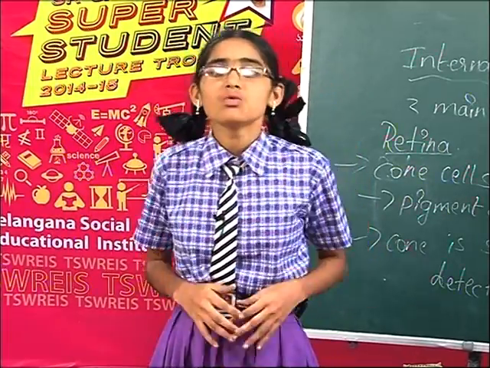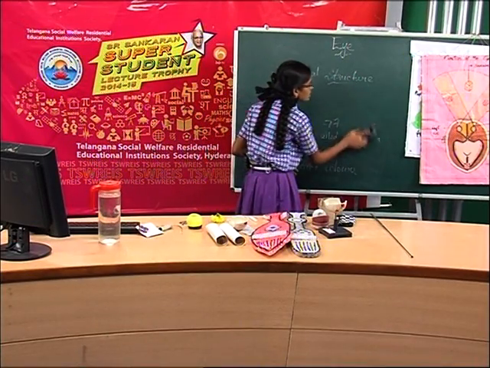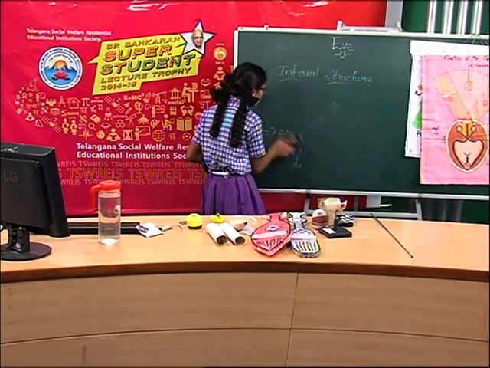And now I am going to talk about eye illusion. Do you know the meaning of illusion? Illusion comes from a Latin word. Illusion means a misleading image presented to the vision.